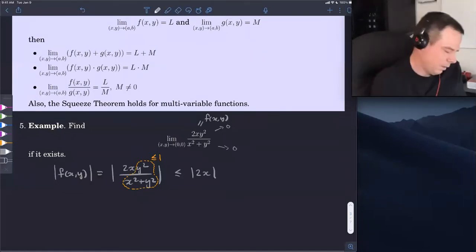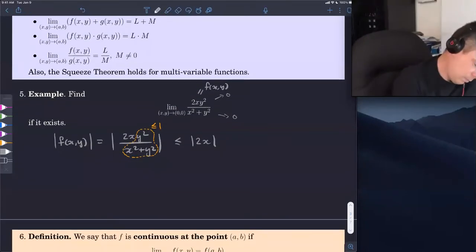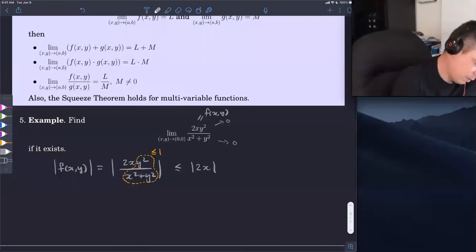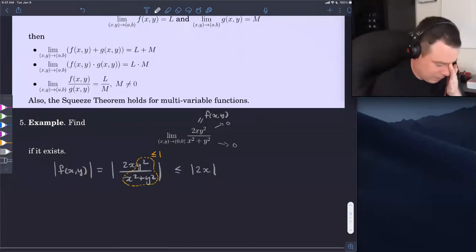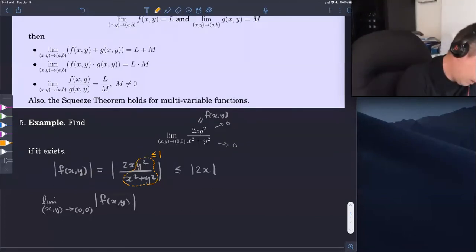So what we have is the following. We've got the limit as x, y goes to 0, 0 of the absolute value of f of x, y. I'll put it bigger than or equal to 0, because I've taken absolute values.